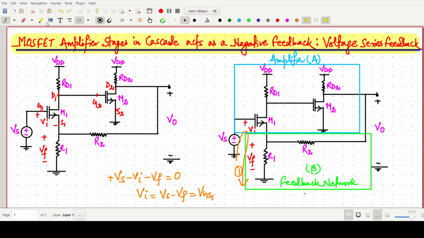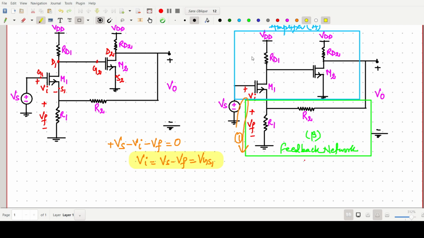This is a very important line. It means the input which we are giving across the amplifier is Vs minus Vf. So if this Vf is more, then the Vi will reduce, so it is negative feedback.